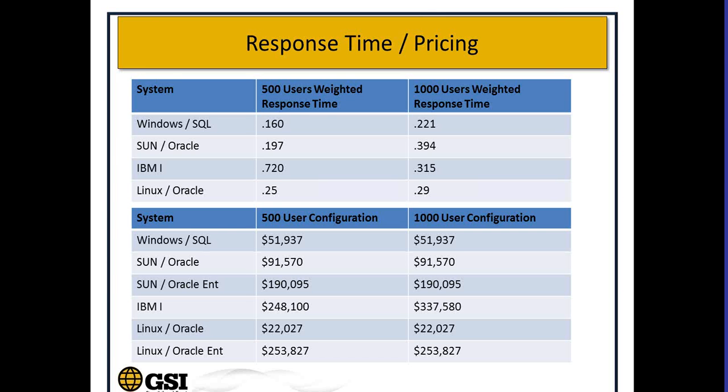Now, I wanted to put out the response time versus the pricing so that you could see, all right, here's what types of response time I'm looking at on each one of my configurations, and here's what it costs for the different configurations.